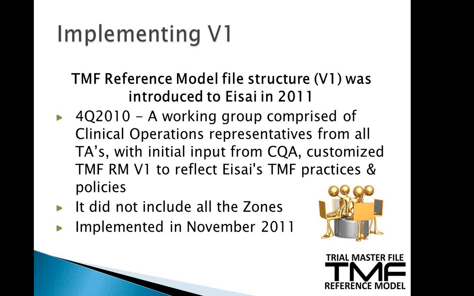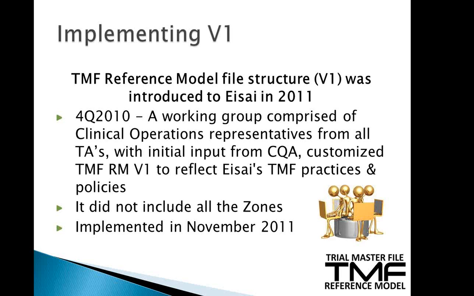So implementing version 1, as I mentioned, we had a working group made up of clinical operations with input from CQA, and used the TMF reference model version 1 as a starting point and customized it based on ASI's TMF practices and policies. So it did not include all the zones. It was very clinical operations focused, but it did provide more detail and granularity than our old structure.